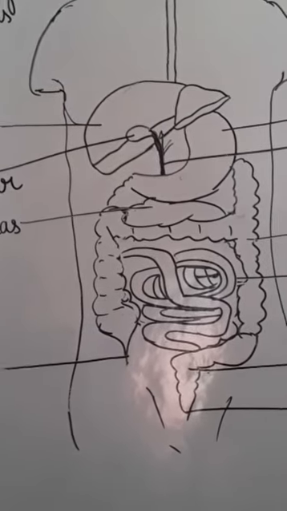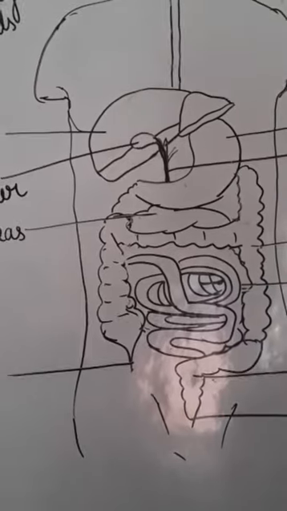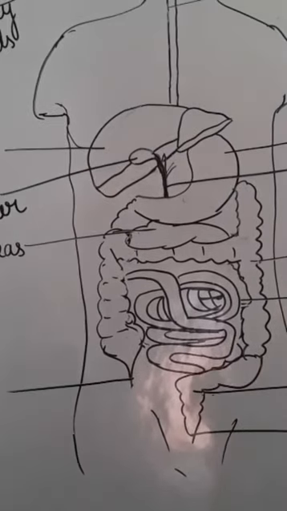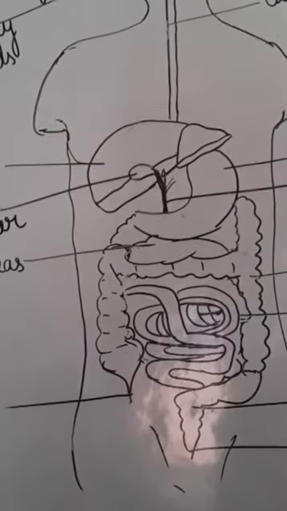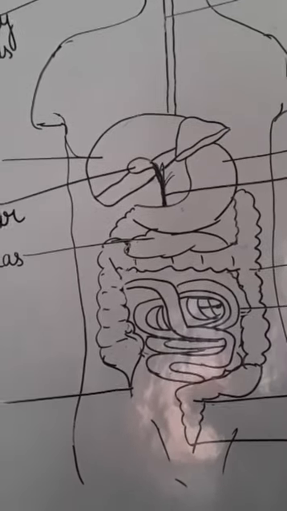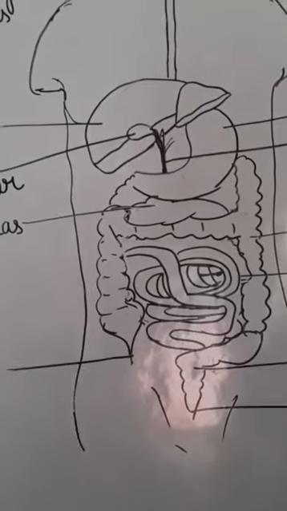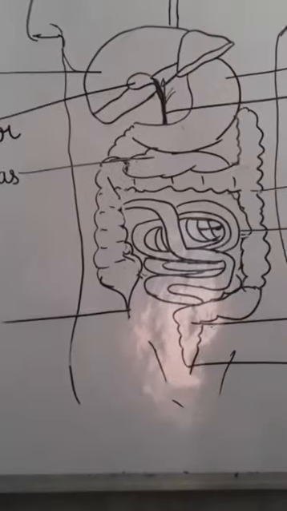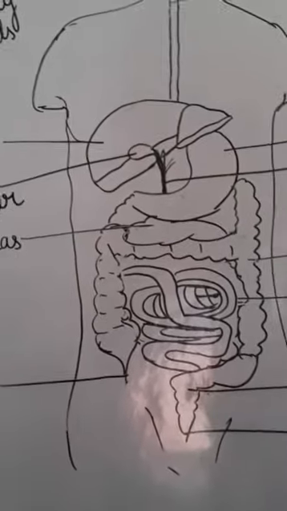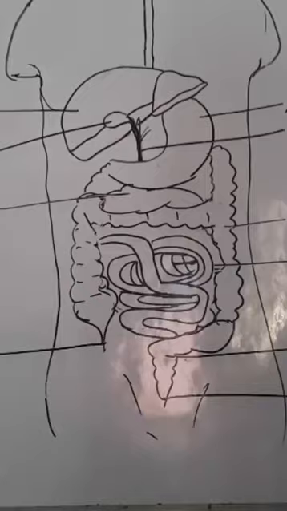So again, about the small intestine: it is a highly coiled structure. Its length varies in herbivores and carnivores, because herbivores have a longer small intestine, while carnivores have a shorter small intestine.